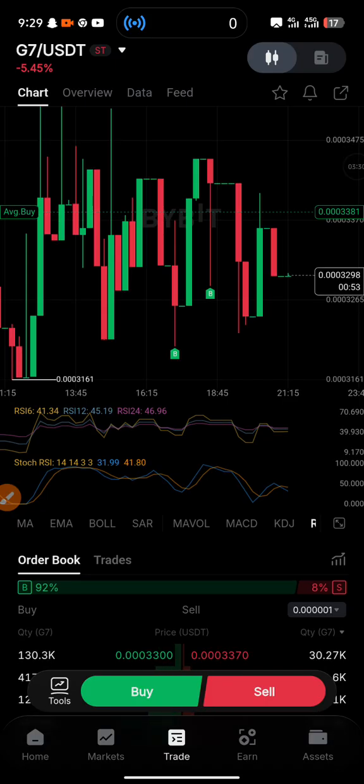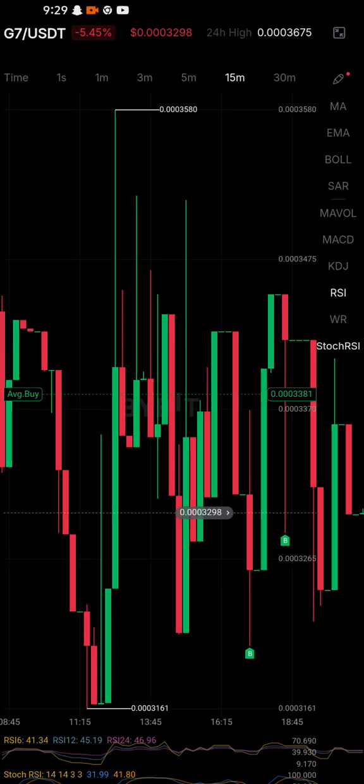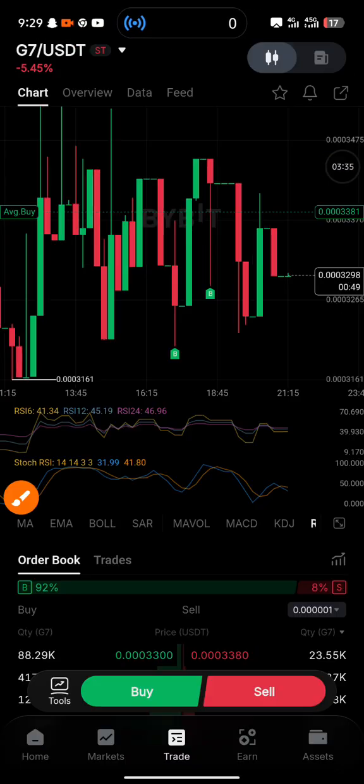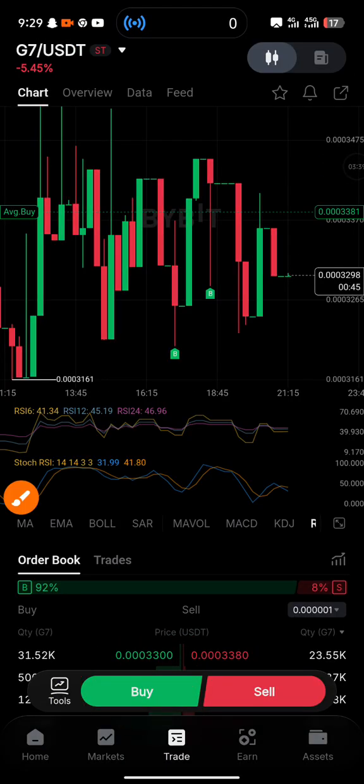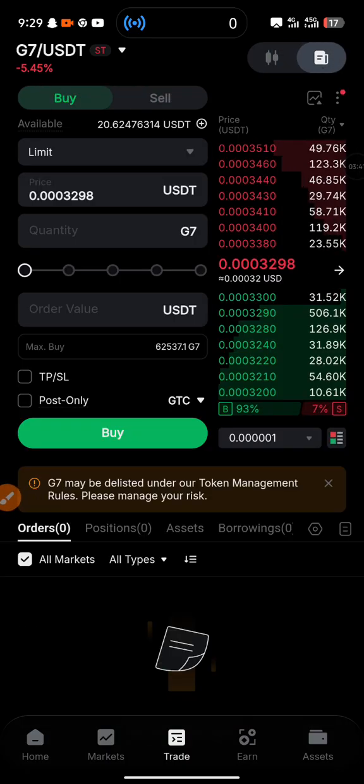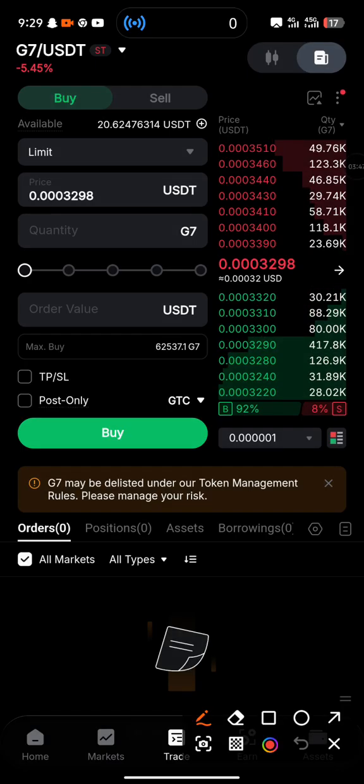So without waste of time, I'll click on buy because I want to buy now. If you click on buy, this is what you will see. This place shows the current price of this particular coin known as G7.